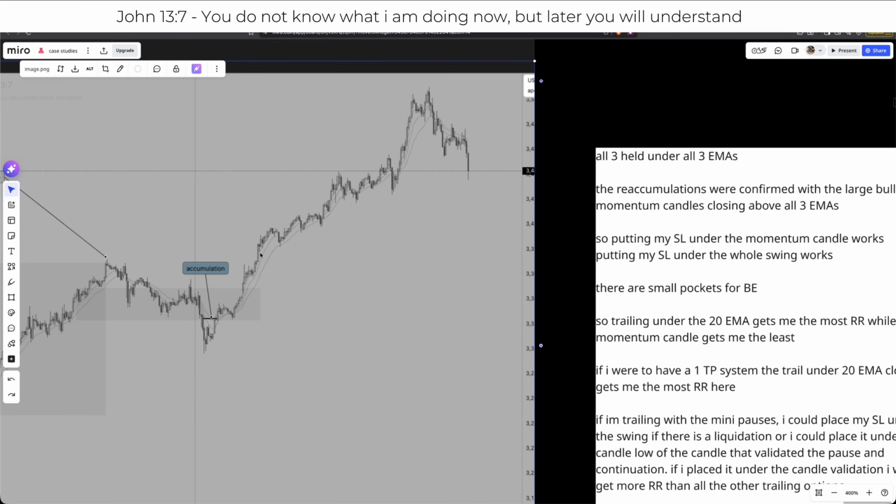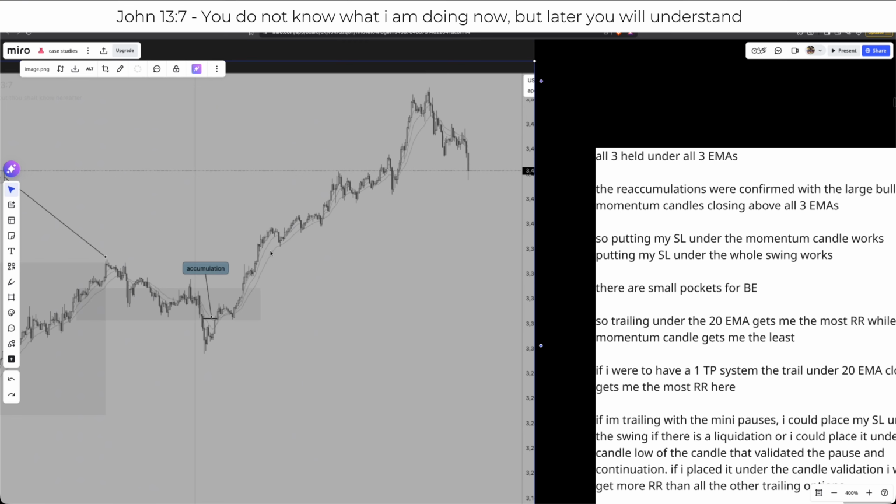If I do the swing, which would just be like this area right here, I would still be in the trade. Would I still be in the trade here? I'd still be in the trade, and then price comes here, I'd be out the trade. If I do the momentum candles, I'm still in the trade, right?